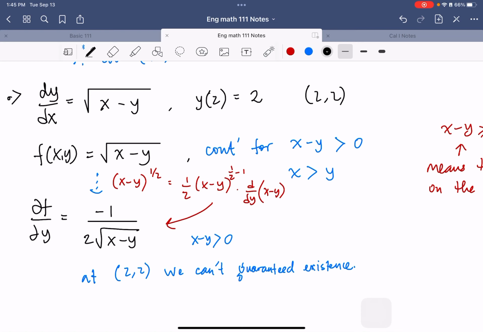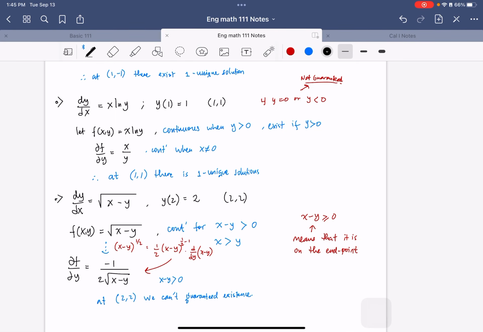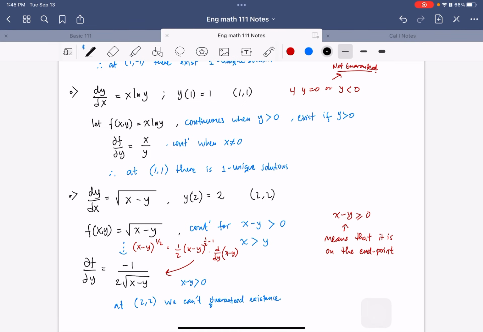And I believe some of the models you have already studied, at least in physics or maybe chemistry. Okay, let me move to the next page. So this part on existence and uniqueness, I'm just showing you how to verify.